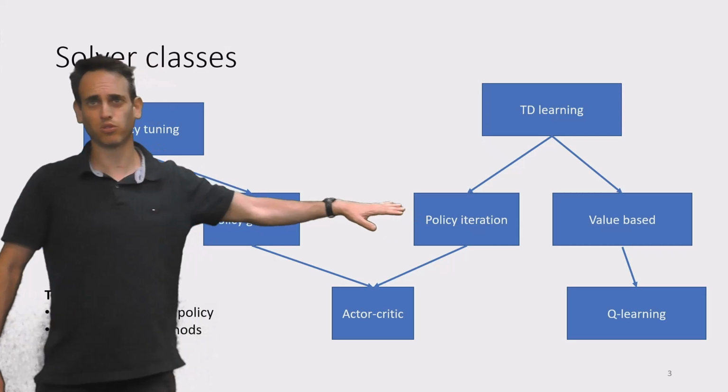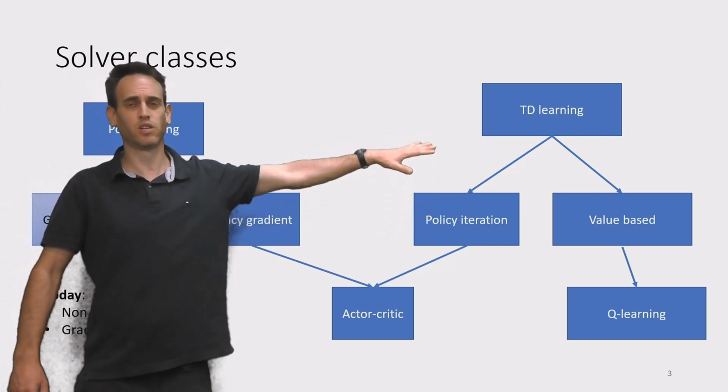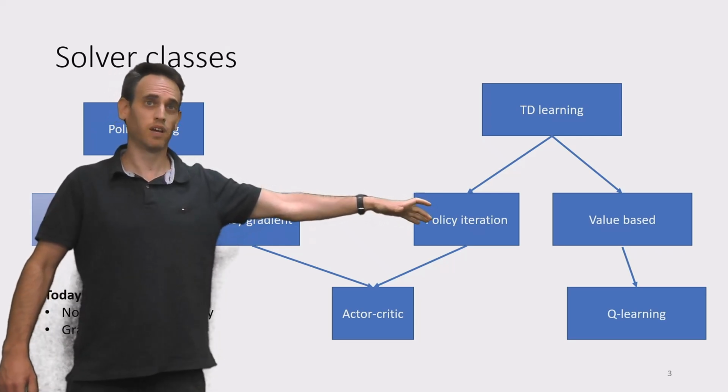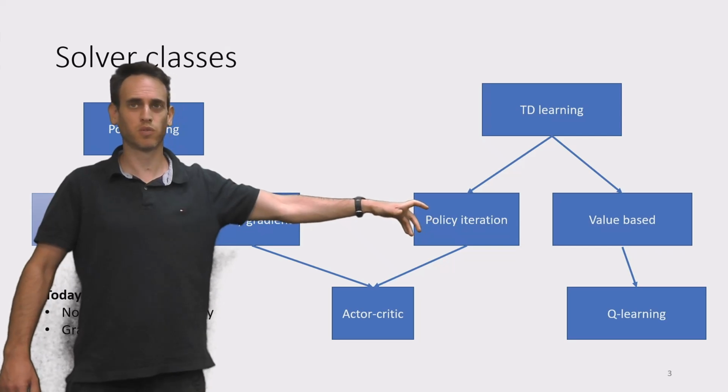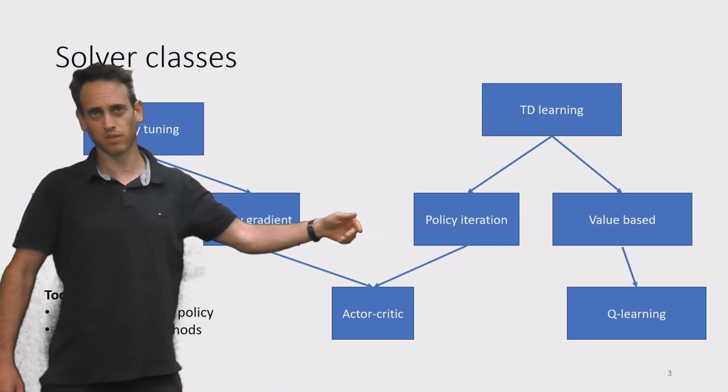We saw several approaches. We also saw a policy iteration approach that uses TD learning in order to compute value functions or Q values for a specific policy and then improve the policy, right, and work in iterations.